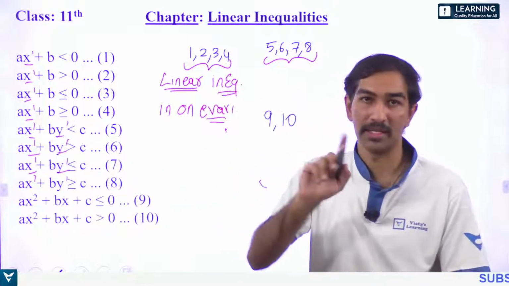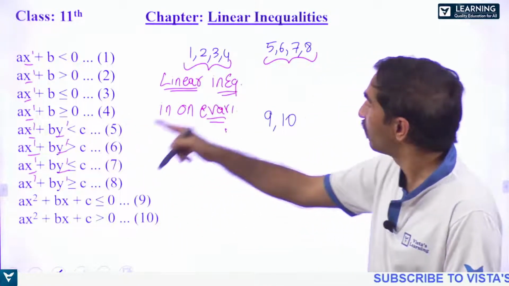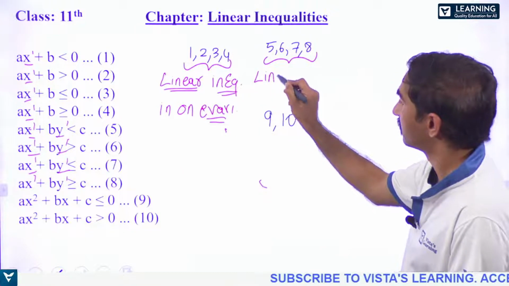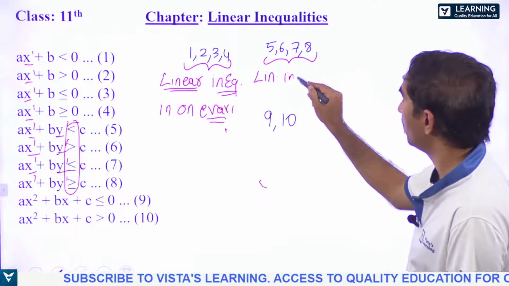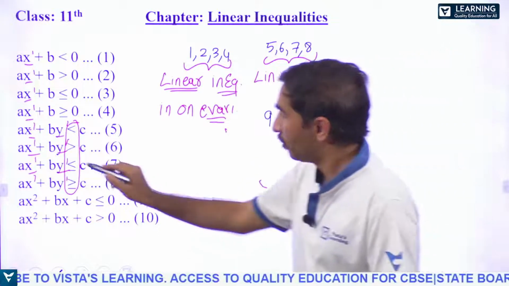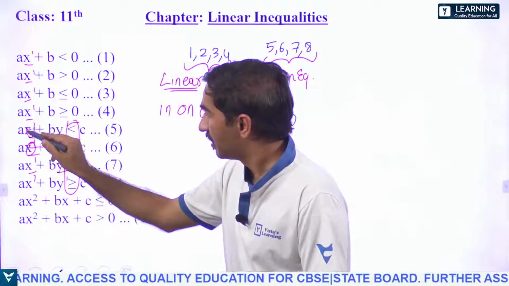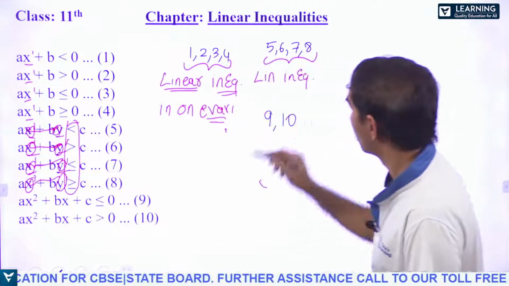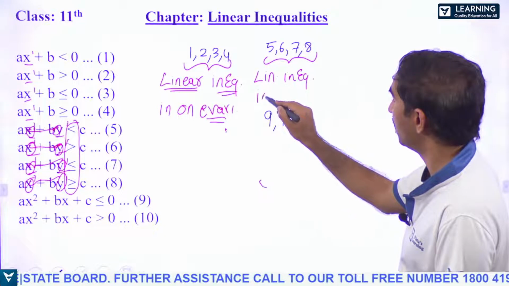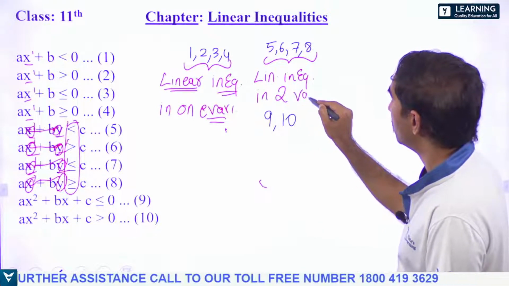The highest power is 1. If the power is 1, what do we call it? Linear. We are not using the equal to symbol, so it is called inequality. How many variables? x and y. So these are linear inequalities in two variables.